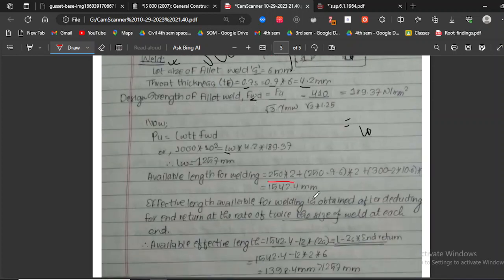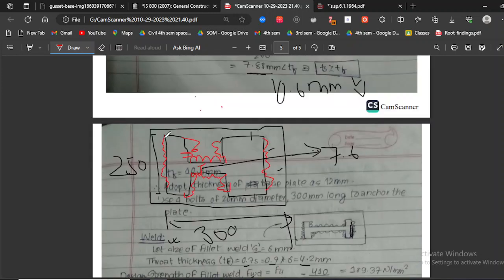Now what we're going to do is 250 minus 7.6. I get these two parts, but these two parts are on the other side as well. So 1, 2, 3, 4. For 4 parts, the total is 250 minus 7.6, which gives me 1 and 2. 250 minus 7.6 is equivalent to these two parts, but these two parts are on my right side as well.